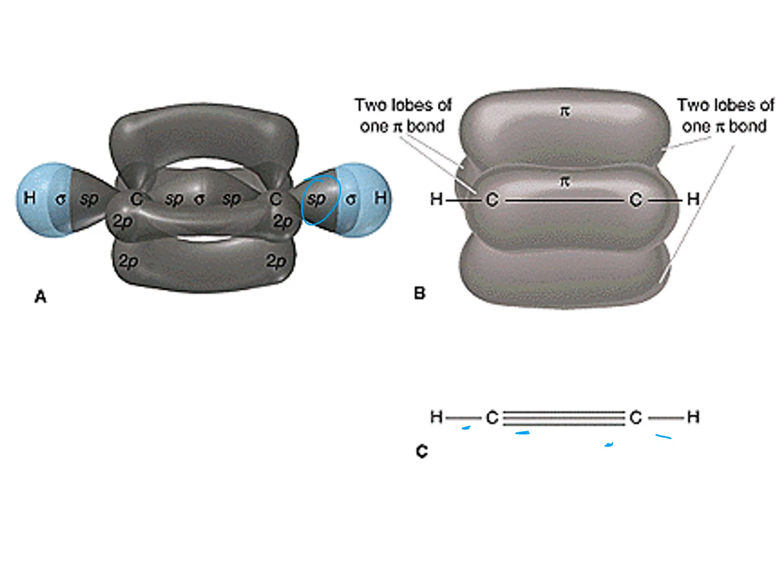And in this case, you actually get two pi bonds. One above and below, and one front and back. So again, provides more overlap.